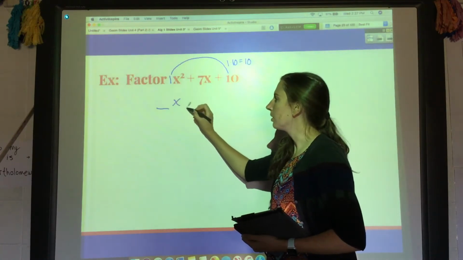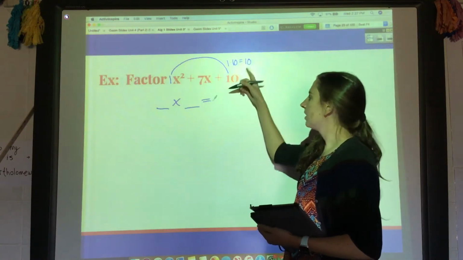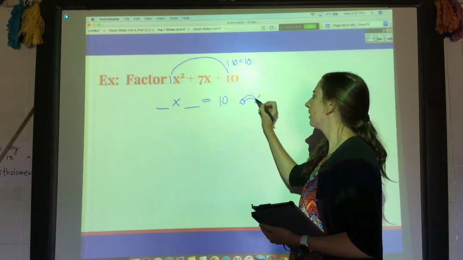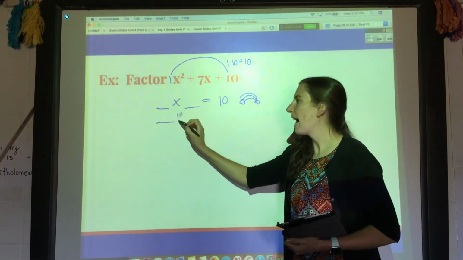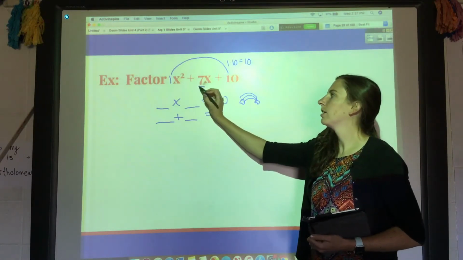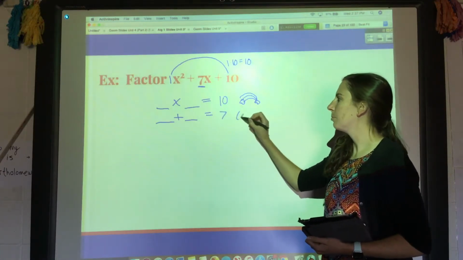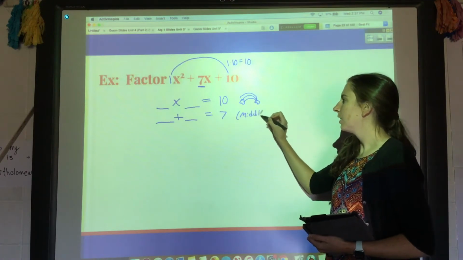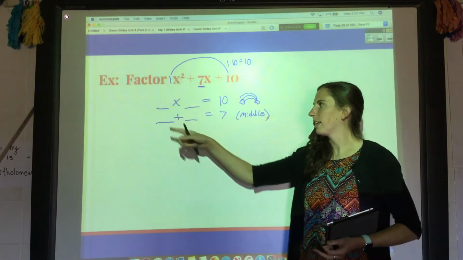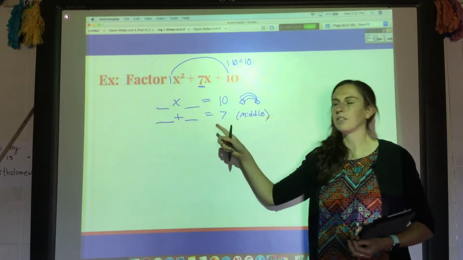What two numbers multiply together to give me 10? That was the rainbow number. And they also have to add together to give me the middle number, 7. That was the middle. So it's like a little puzzle. What two numbers multiply together to give you 10 and add together to give you 7?